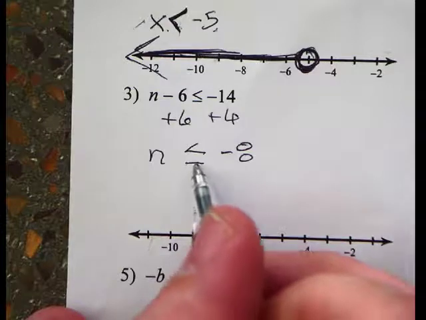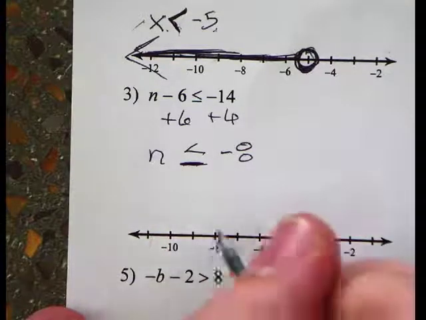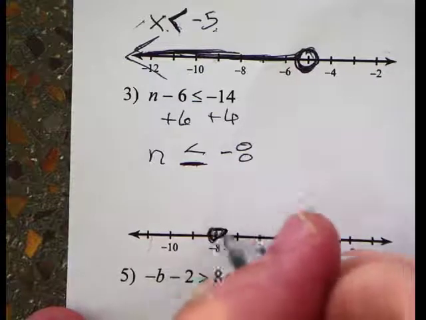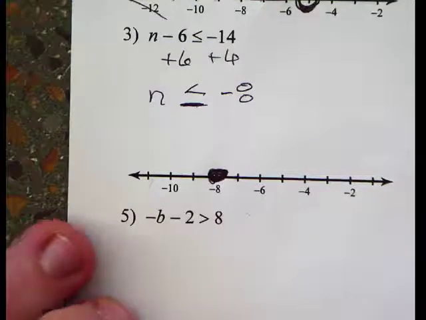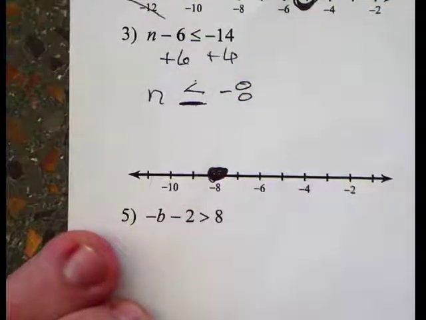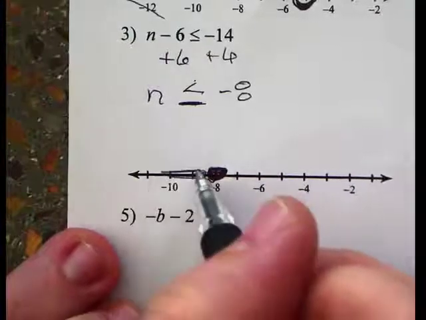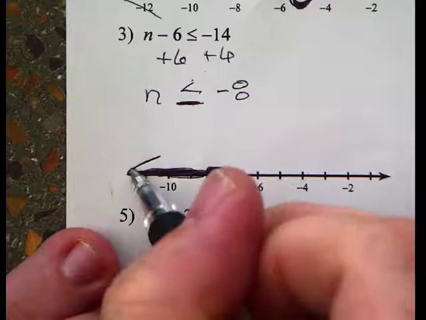It's an equal to, so I know it's a filled in circle, and I'm going to fill it in at negative 8. Okay, and it's pointing to the left, telling me to shade in everything less than, so I'm going to shade to the left.